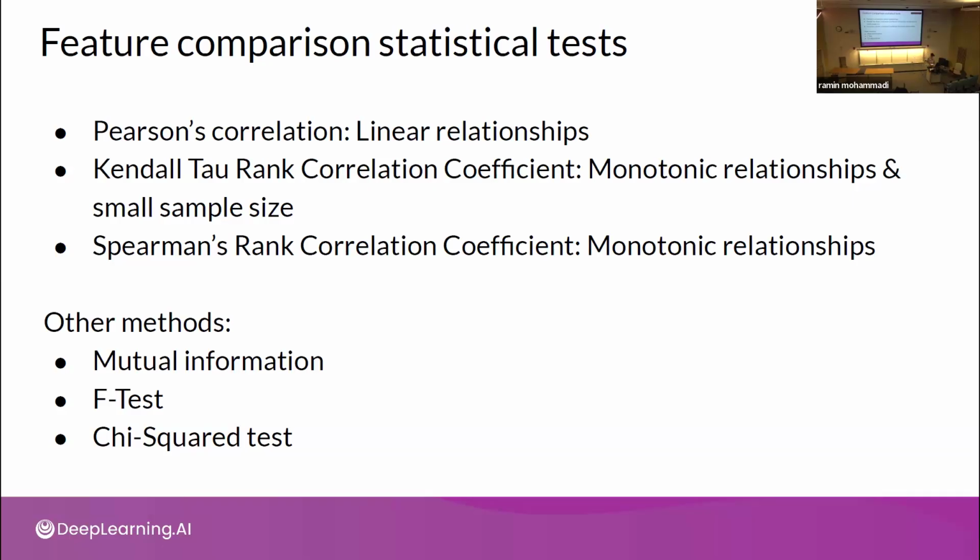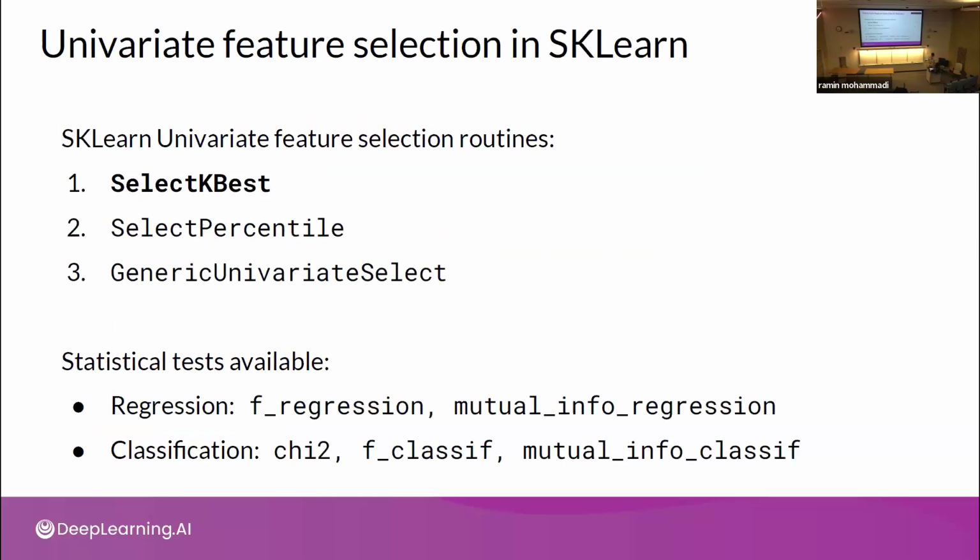So you can keep something like that in mind. If you're dealing with numerical data, depending on whether it's regression or classification, maybe use those versus those. And if it's categorical data, you also do something like that. Now, when you go to something like scikit-learn, they all have this SelectKBest, SelectPercentile.